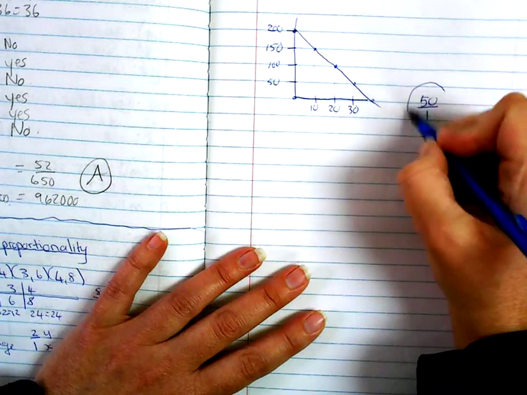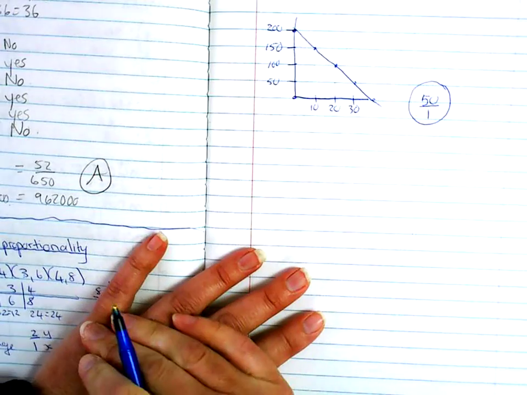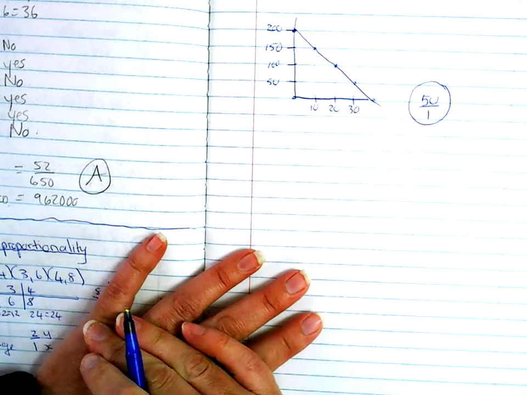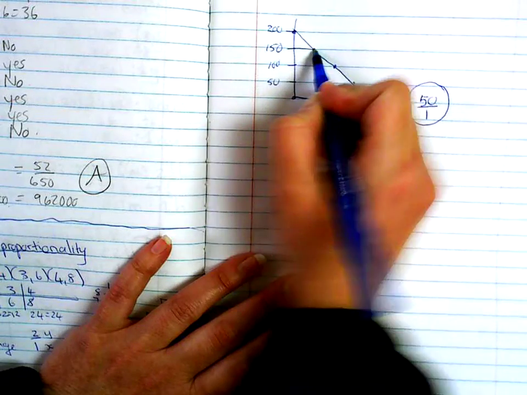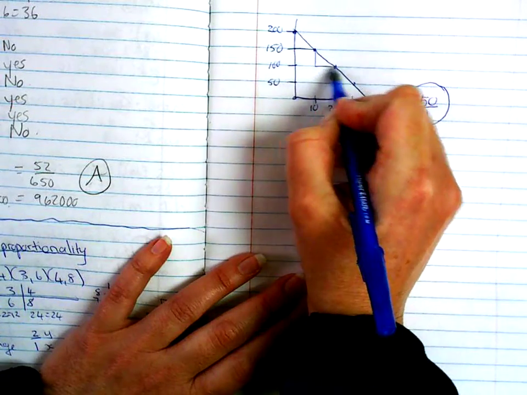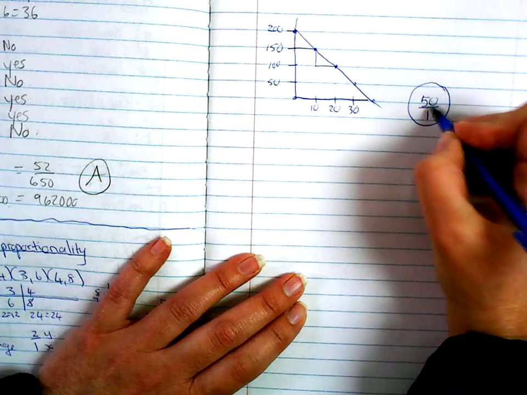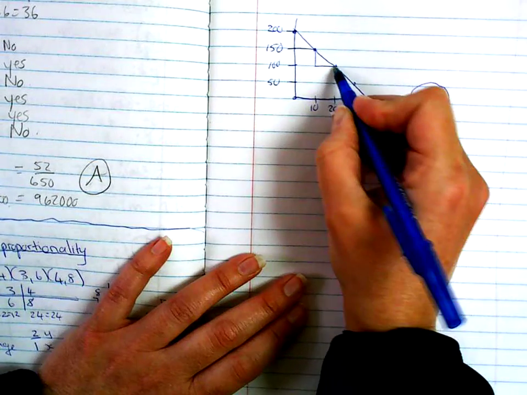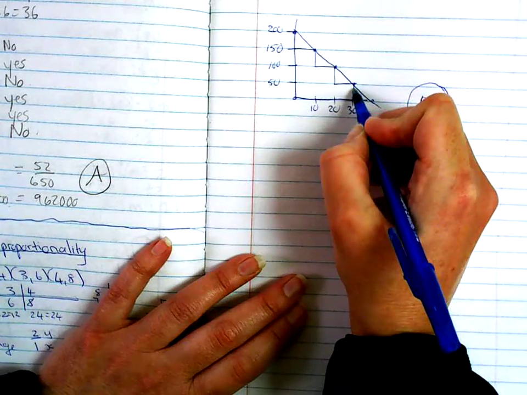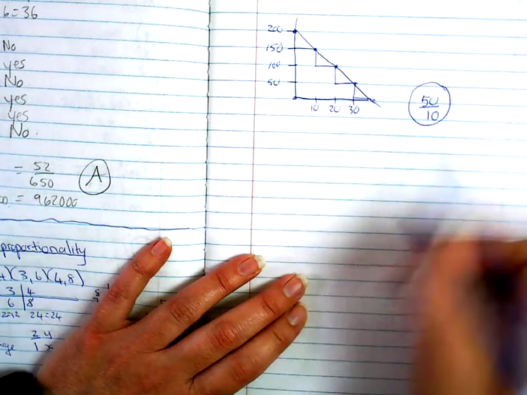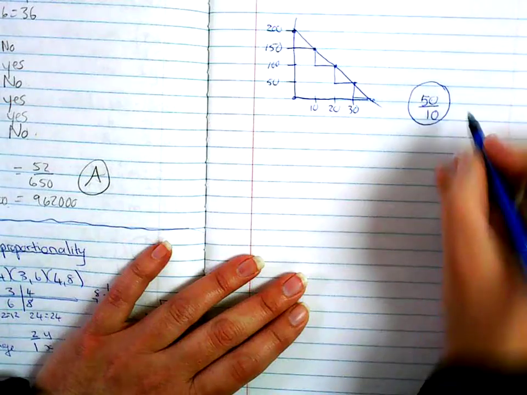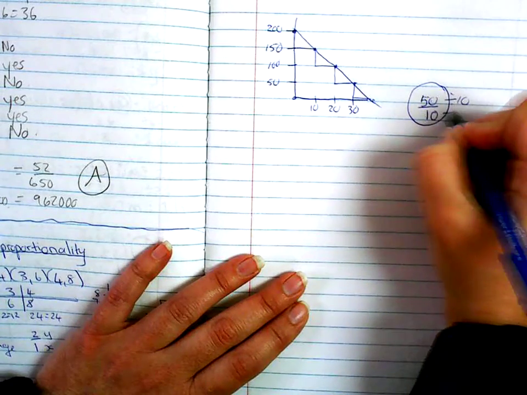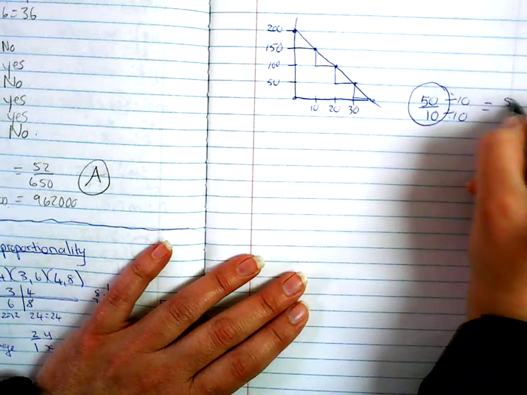But the rate of change, also known as the constant of proportionality, was 50 over 10. Sorry, I said 50 over 1, that is incorrect. Down 50, 10 over. Down 50, 10 over. Now you see this 50 over 10? You could have simplified that by dividing by 10 and said 5 over 1.